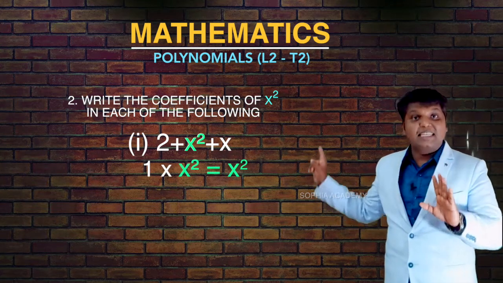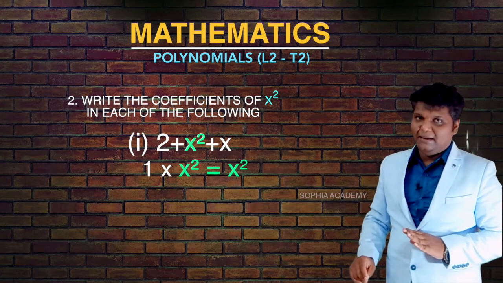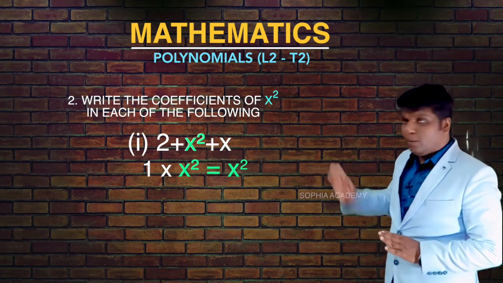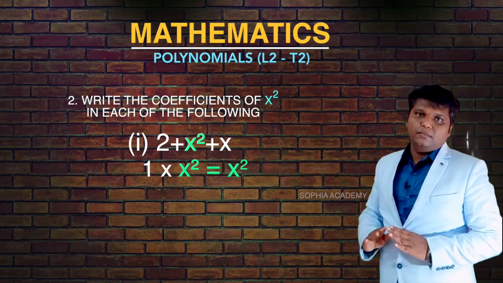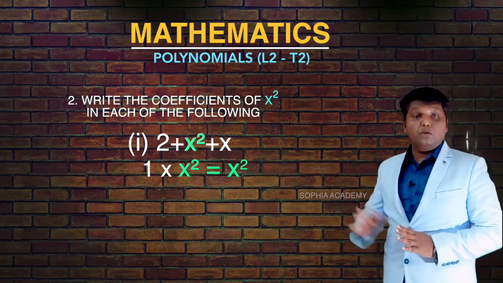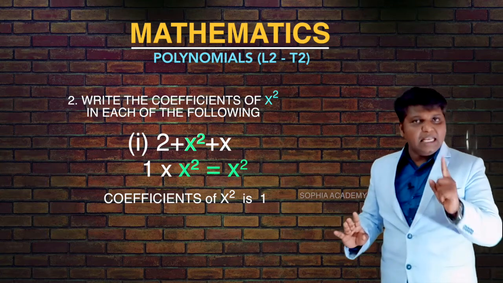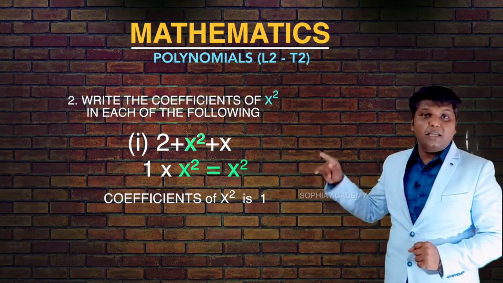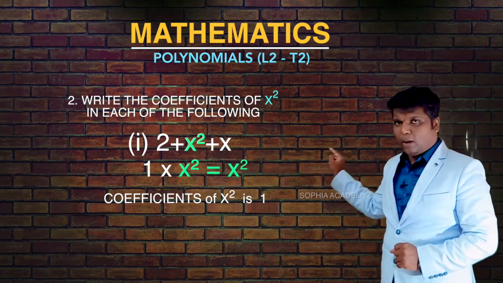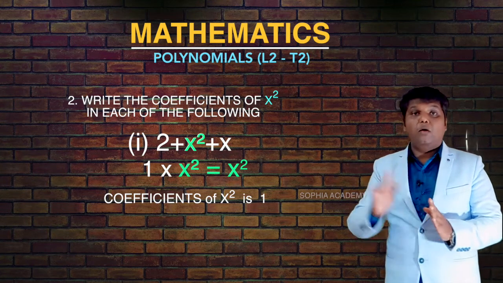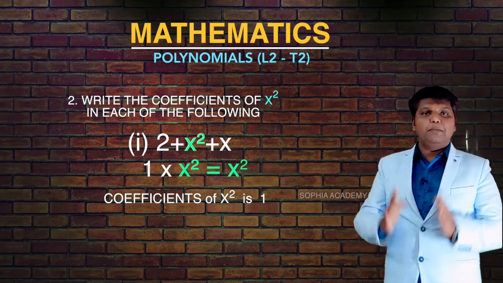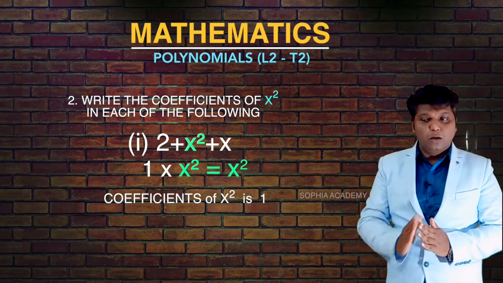Let us check what the sign will be. In front of x square the sign is plus, so it is plus 1. As it is plus 1, there is no need to mention the plus sign. Just simply write 1. A simple number like 1, 2, 3 means plus 1, plus 2, plus 3.